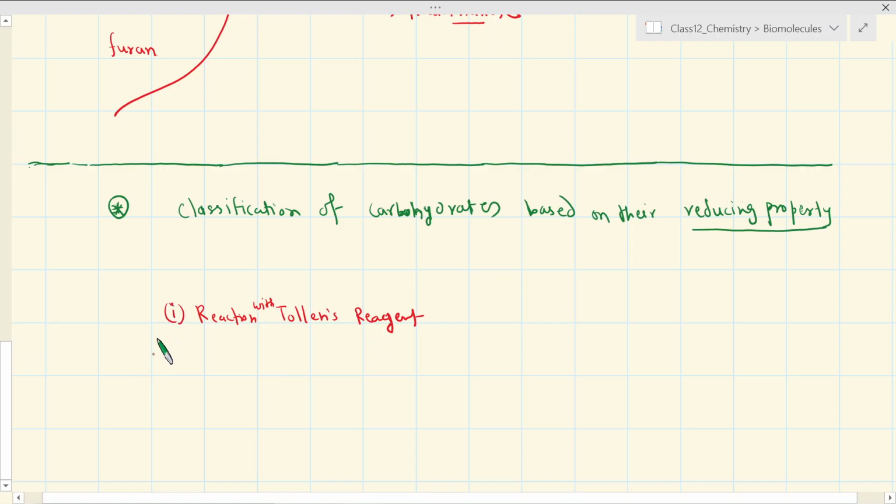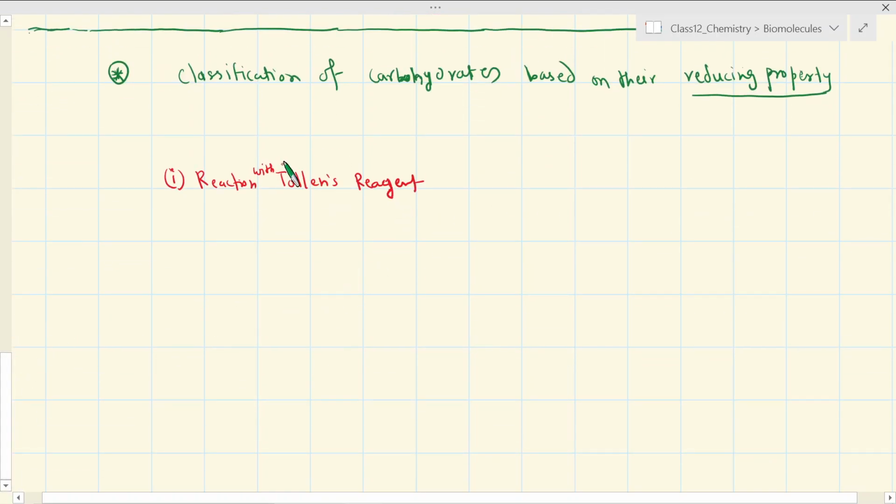These are actually reactions of only aldehyde. You will wonder why we are only taking aldehyde when there are ketones also in the sugar. You will see that, and that is where you will be able to appreciate so many structures.